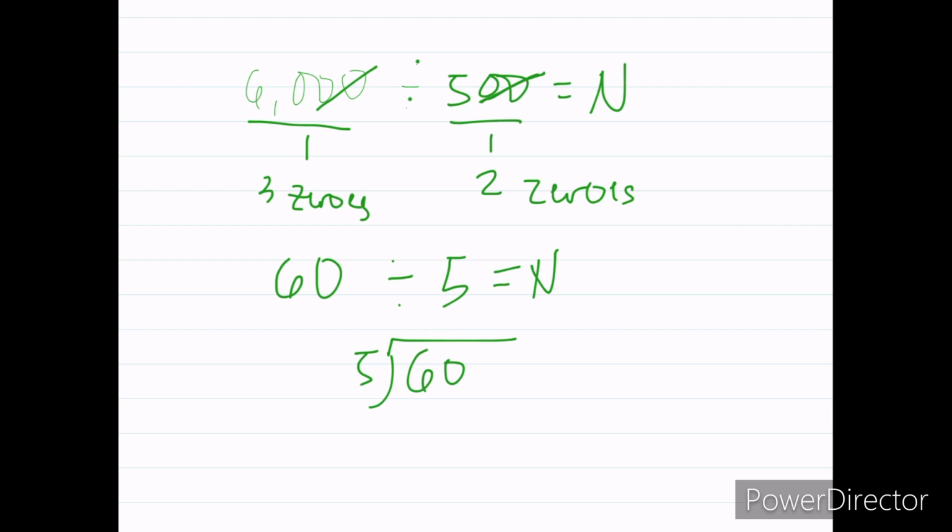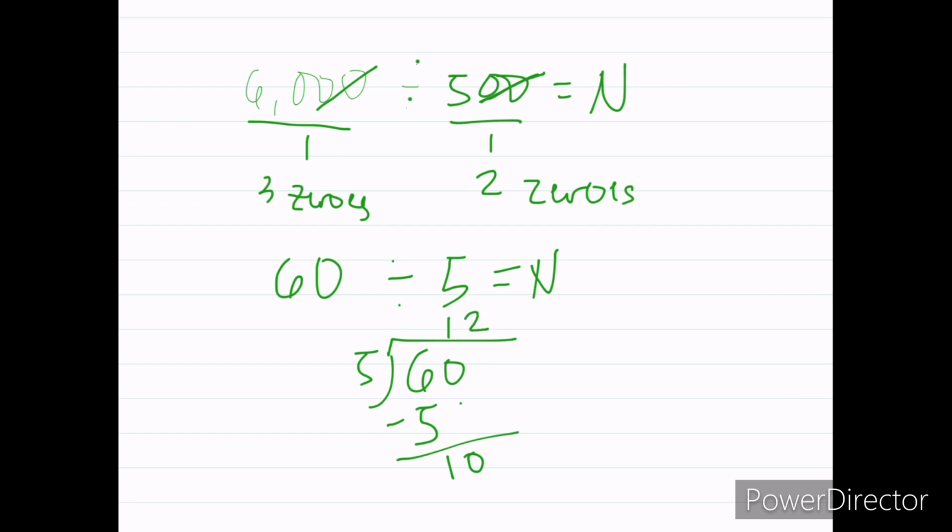How many 5s are there in 6? Of course, there is only 1. 1 times 5 is 5. Then subtract, bring down the 0. So 10, how many 5s are there in 10?